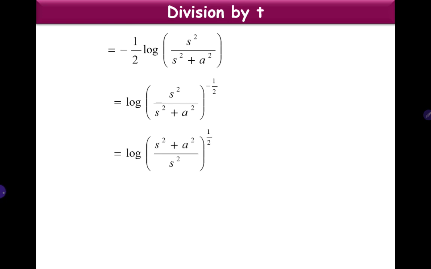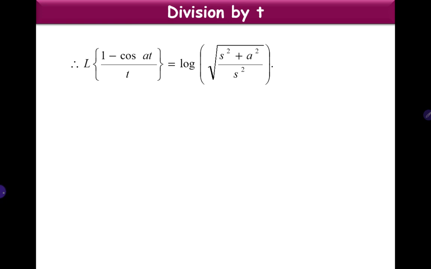That is log of s square plus a square by s square whole power 1 by 2. That is log of square root of s square plus a square by s square. Therefore, the Laplace transform of 1 minus cos at by t is equal to log of square root of s square plus a square by s square.